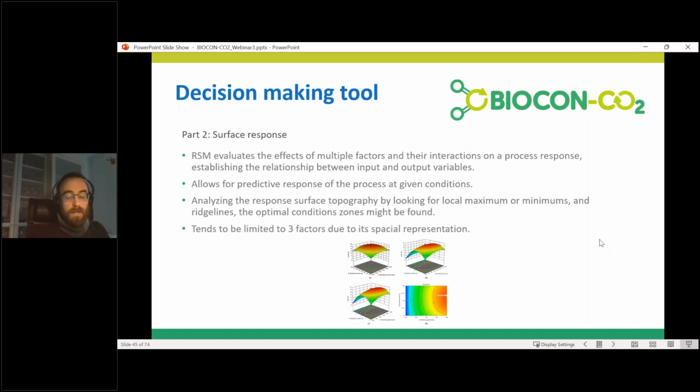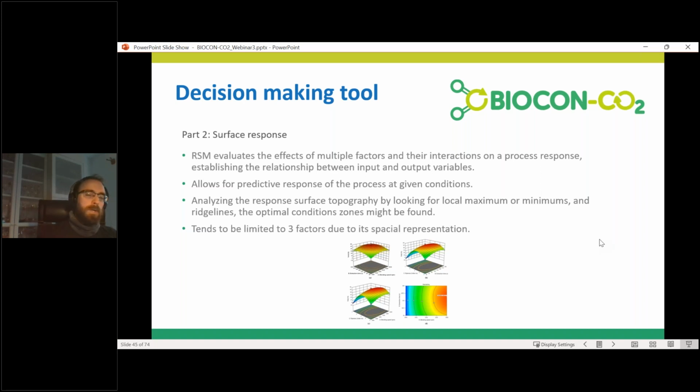Then, once we have introduced the data into the software, we will go for the RSM, the response surface methodology. What we get out of the software is a 3D mesh or surface, and this response surface methodology evaluates the effect of those factors on your variable.